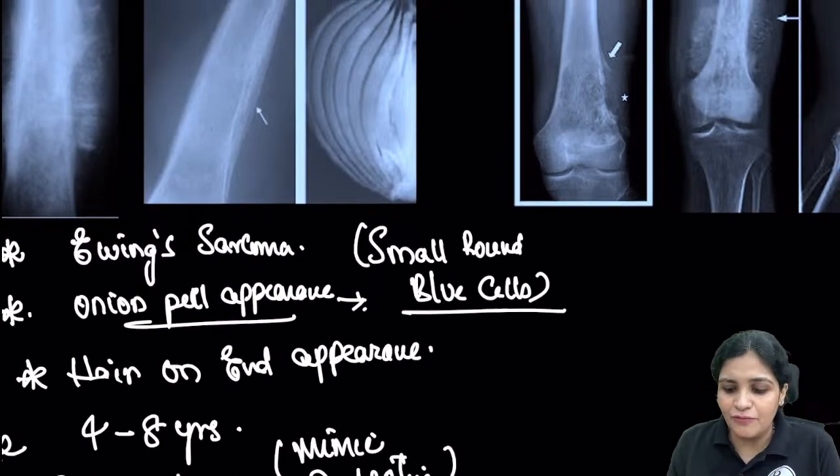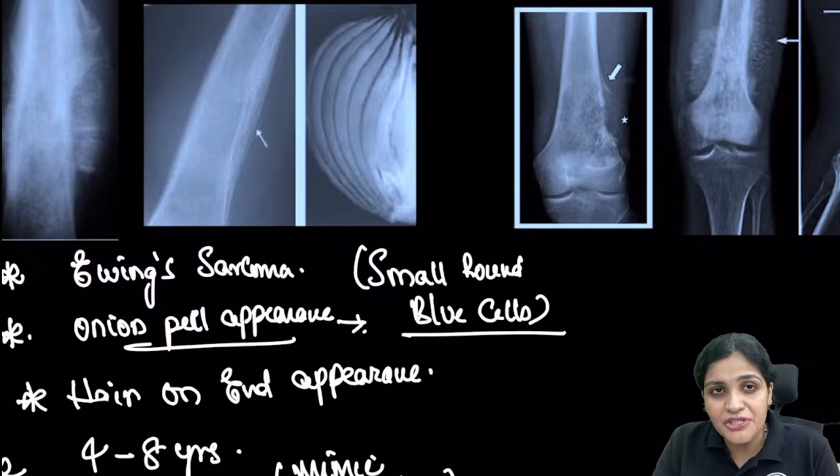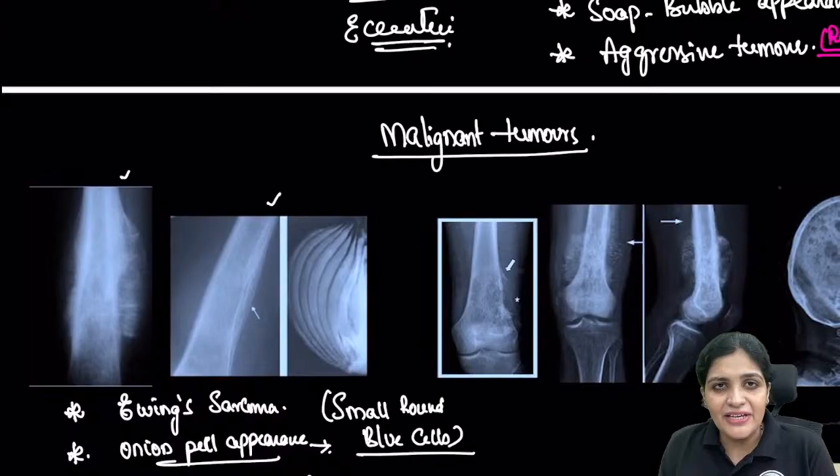They give you the pathology picture with the biopsy and the history, and then ask which tumor this is. Small round blue cells on the biopsy, and on the x-ray you see the onion peel appearance and hair on end appearance. That is about Ewing's sarcoma.